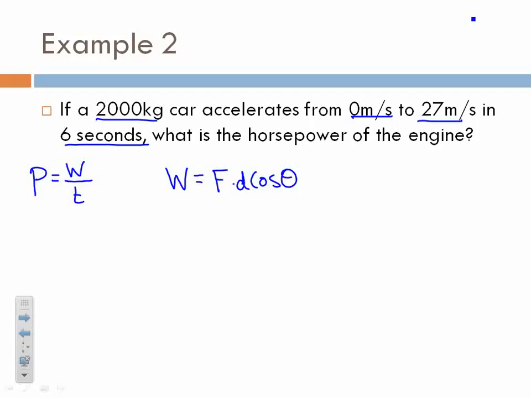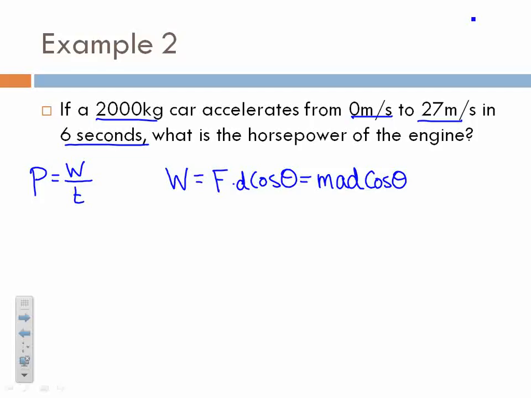Well, here's the other thing. Force is also equal to mass times acceleration. All right? So if we find the acceleration, and we know the mass, and we also know the distance that this thing travels, then we should be able to find the work, divide that by the time, and find the power. All right?